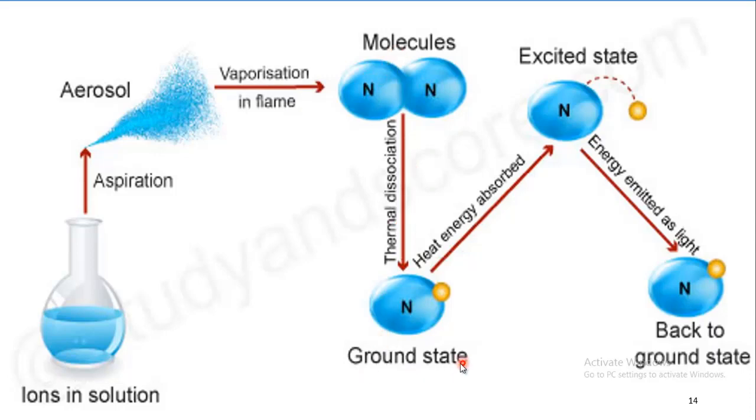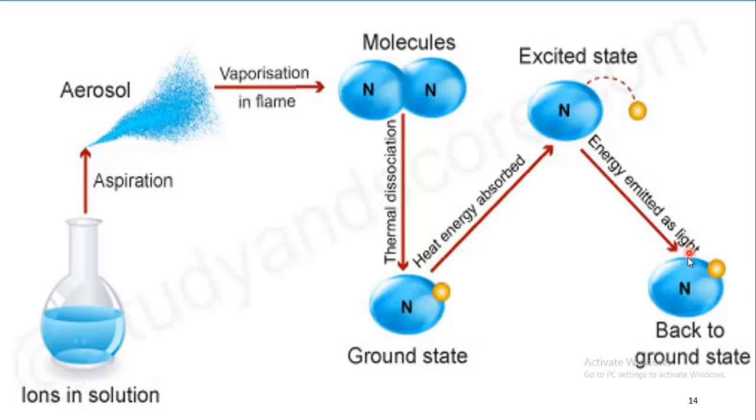So this is the ground state, and it is forming the atomic form. After the atomic form, heat energy is absorbed and converted into the excited state. After excitation of the atom, the excited atom emits the energy as light.